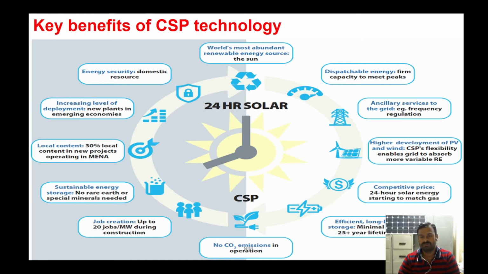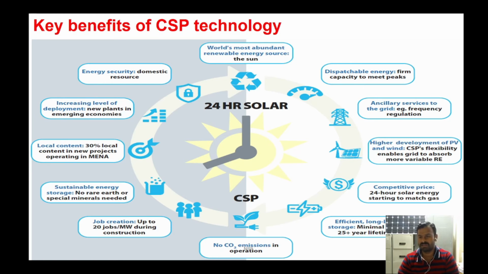And also the CSP is used to control or regulate the frequency and voltages whenever it is required in the grid. It provides another advantage, that it accommodates different energy sources which are intermittent in nature, like wind turbines which are not producing electricity 24 by 7, or the solar photovoltaic system which is also not producing energy for all 24 hours.